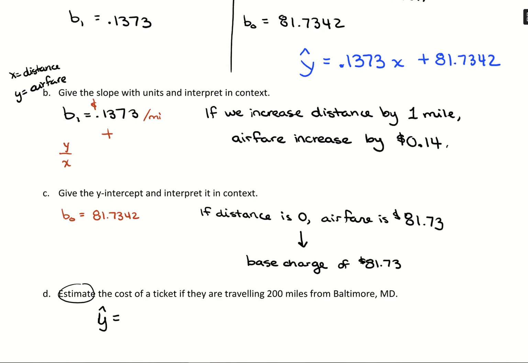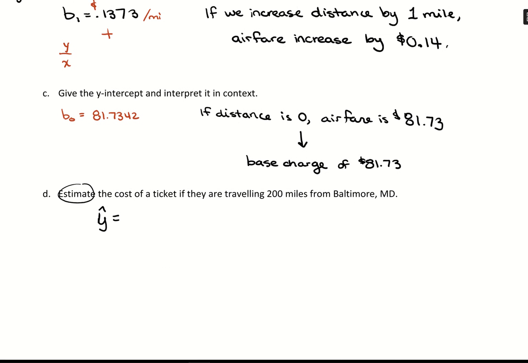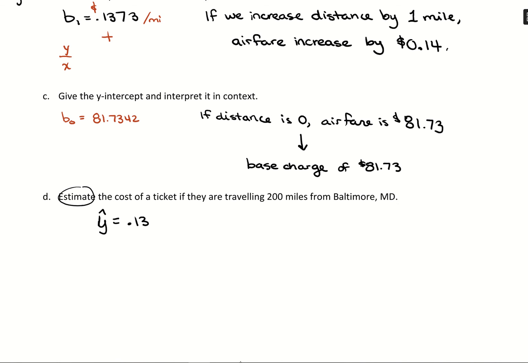So what we're going to do is plug into our formula. So we have our 0.1373, and then plug in our x value of 200 miles plus 81.7342. And when we plug in that value for x, we'll just solve with our calculator, and that will give us an airfare of 109.1942.